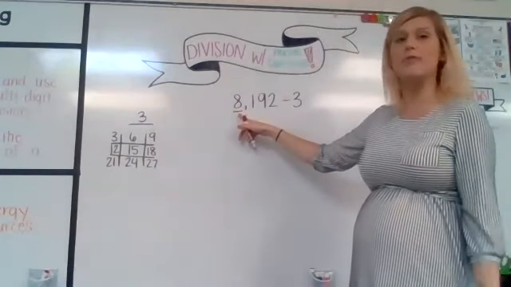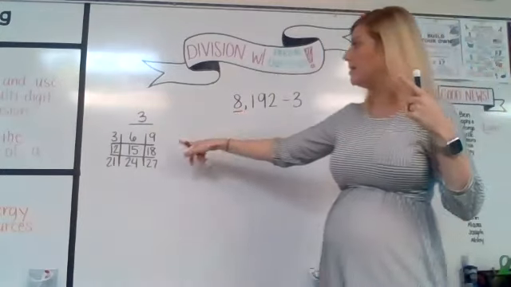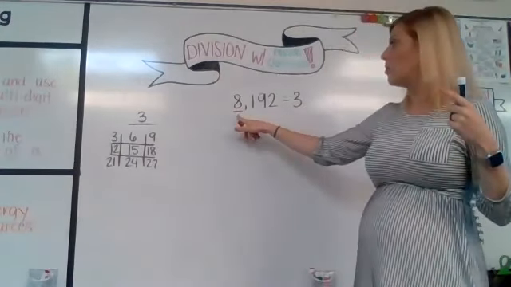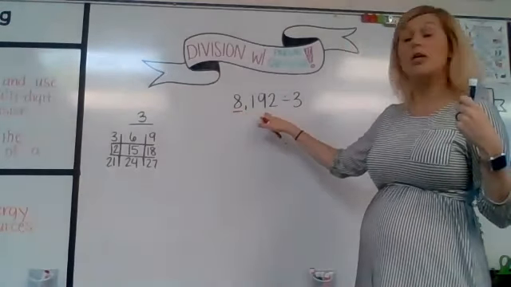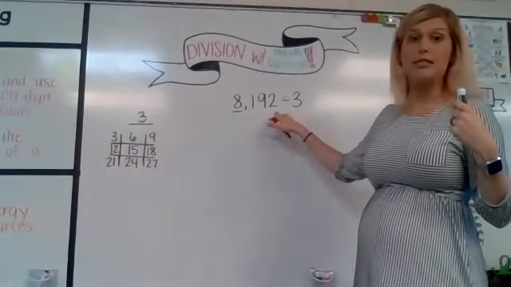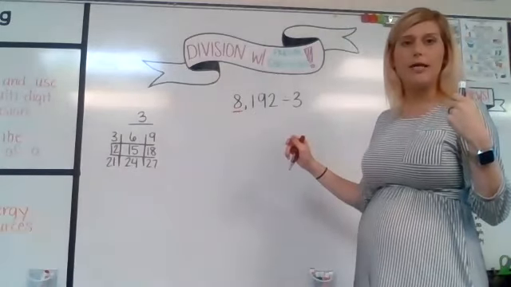So instead of thinking of an 8 here, we'll think number 9, because we know that 9 is the 3rd multiple of 3. So we're going to say that the compatible number for 8,192 is going to be 9,000, since it's still going to be in the thousands place. So we'll think 9,000 divided by 3.